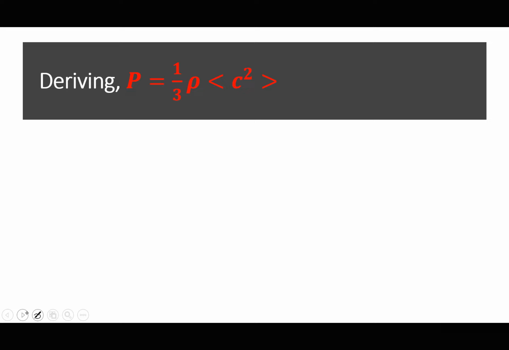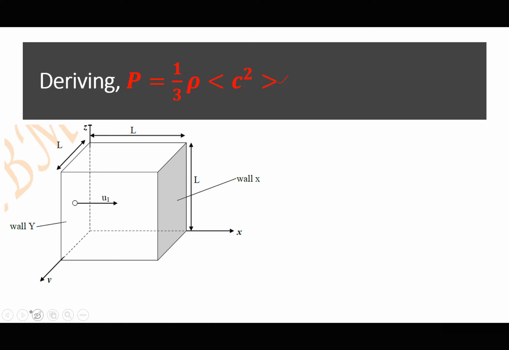So let's now start using the assumptions. We are going to derive the equation: pressure is equal to a third rho times the mean square speed, mean referring to average. This is for an ideal gas.